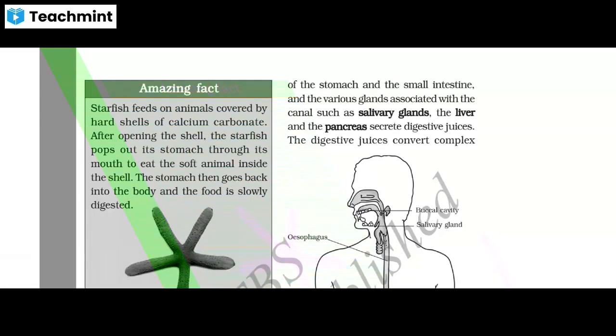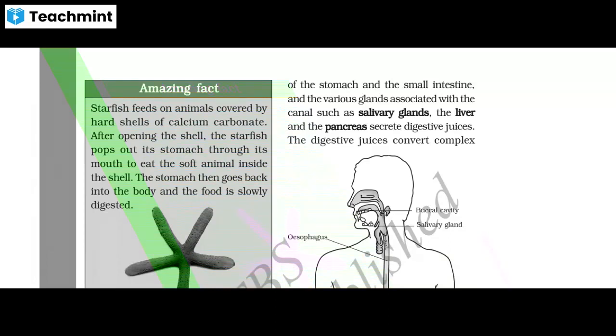After opening the shell, what happens? The starfish pops out its stomach through its mouth to eat the soft animal inside the shell. The stomach then goes back into the body, and the food is slowly digested.